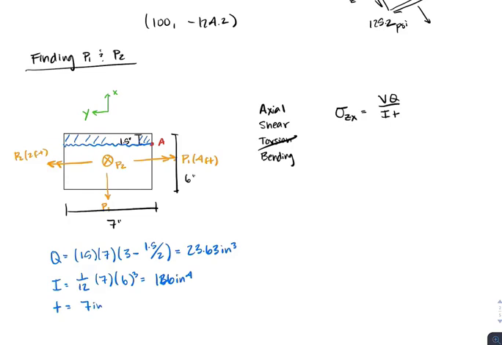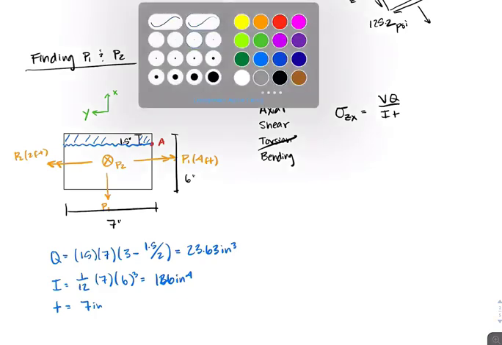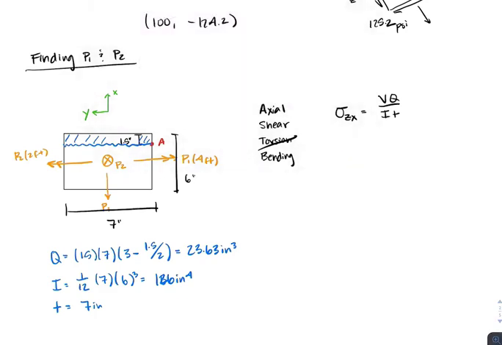So now we can go ahead and plug all those values in and then solve for our P1 force. So we know that sigma xz from the stress state above is negative 40.2. So that's going to be equal to P1 times our Q, which is equal to 23.63.